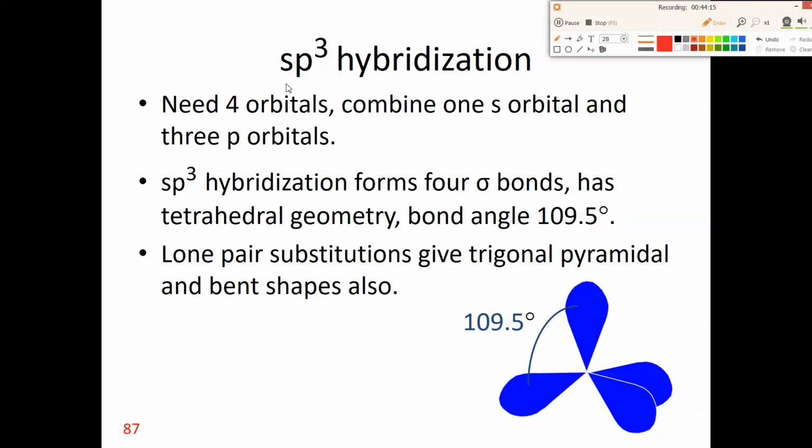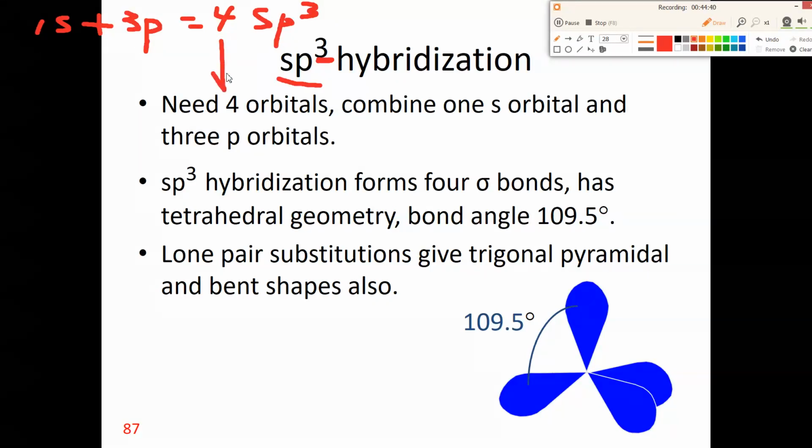Right. So we talk about sp3 hybridization. So for sp3 we have 1 s plus 3 p, where the 3 comes from the superscript on p. So 1 plus 3 is 4 sp3 orbitals.